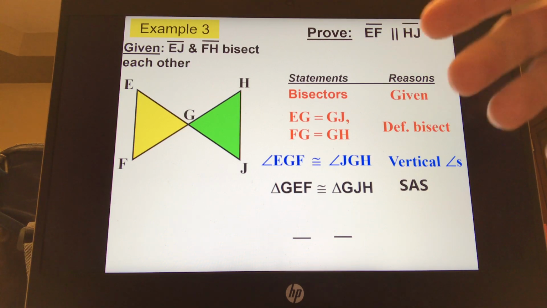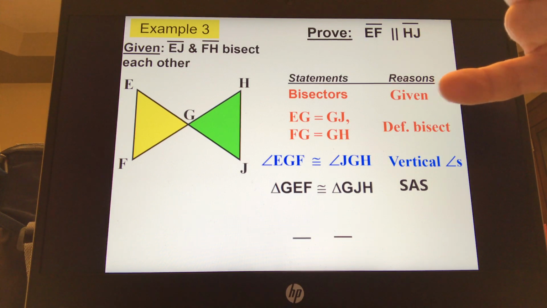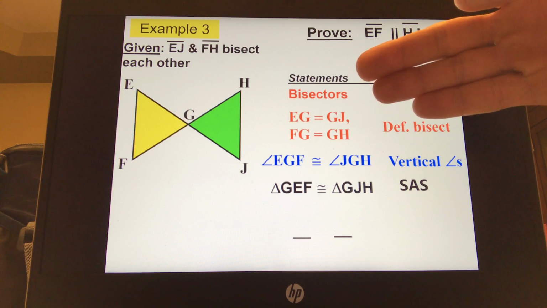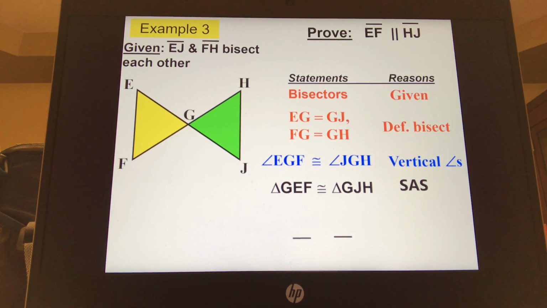Proving lines are parallel, there's 4 ways to prove lines are parallel. You can either show that alternate interiors are congruent, show that alternate exteriors are congruent, show that corresponding angles are congruent, or the 4th way would be showing same side interiors are supplementary. So if you think back to this drawing, this exact same drawing came up back then, or a version of this.